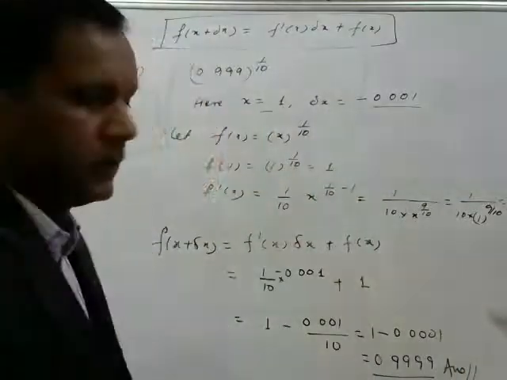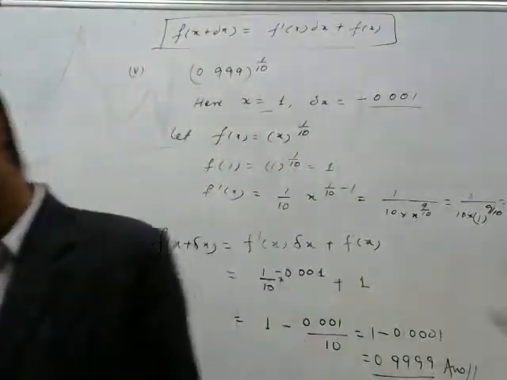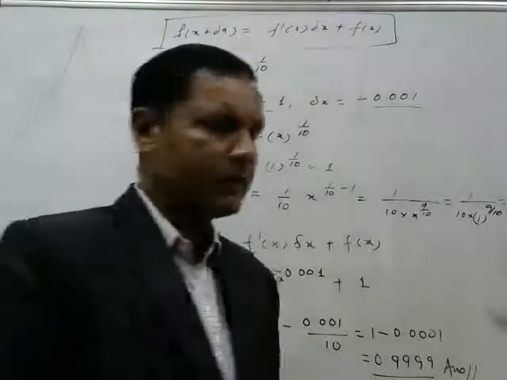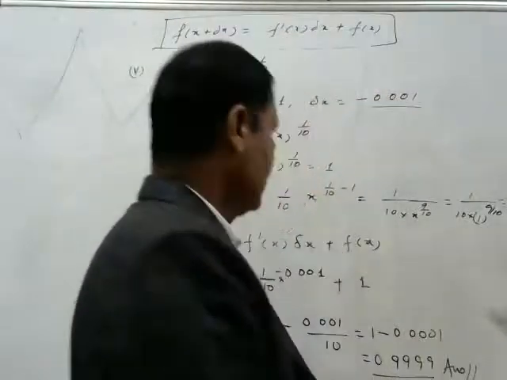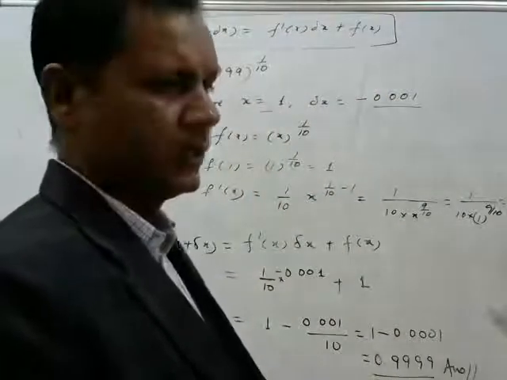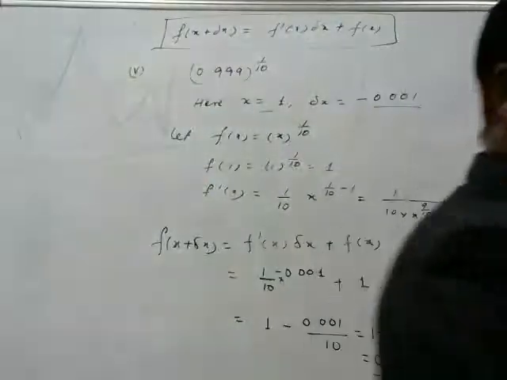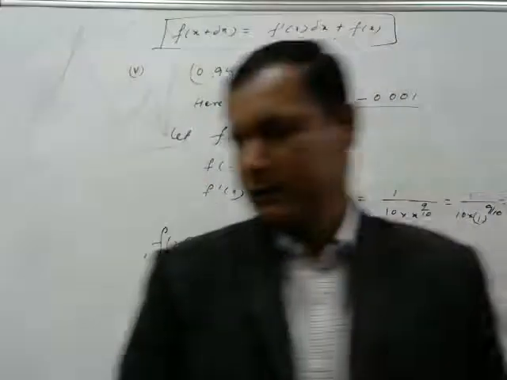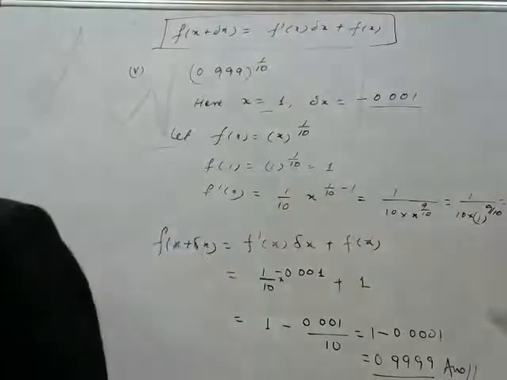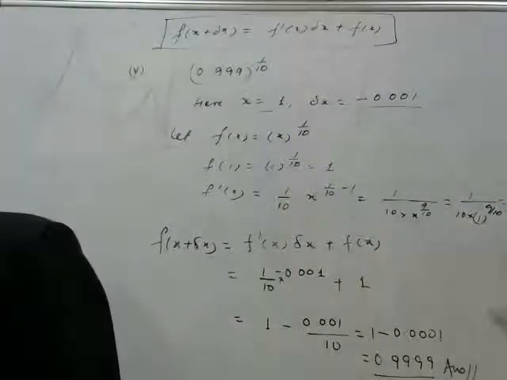See, out of this 15 parts are there. I have done these 3 parts, and I hope that you can do the rest of the parts yourself. That's where the answer to this question is 0.9999.